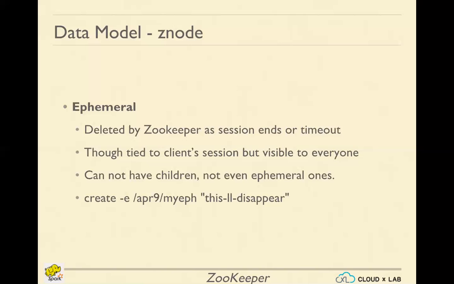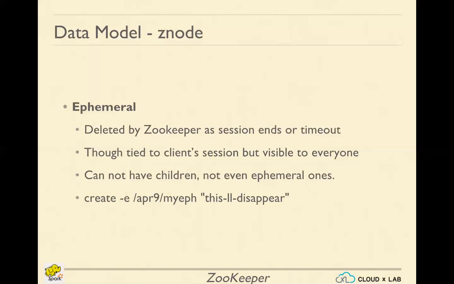A clever thing would be to let all the data nodes inform Zookeeper by creating ephemeral nodes. And as soon as one of those data nodes goes down, the ephemeral node would disappear.